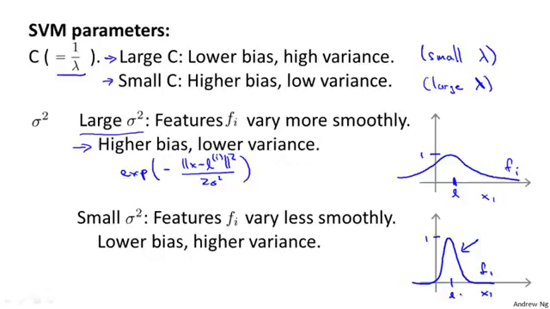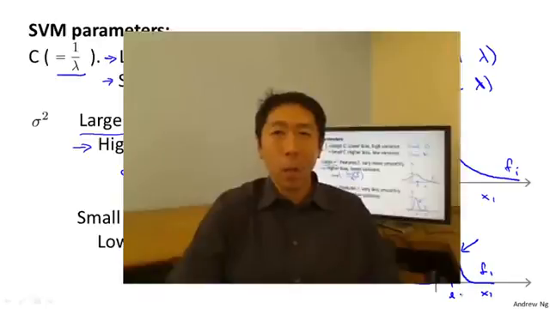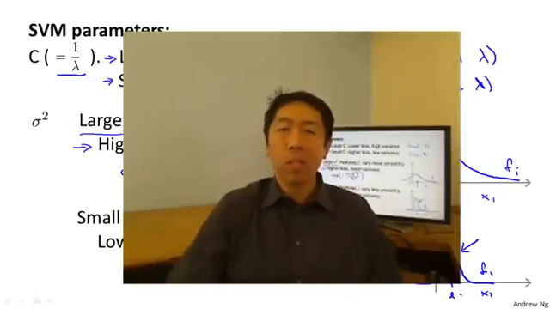And if you look at this week's programming exercise, you actually get to play around with some of these ideas and see these effects yourself. So that was the support vector machine with kernels algorithm. And hopefully this discussion of bias and variance will give you some sense of how you can expect this algorithm to behave as well.